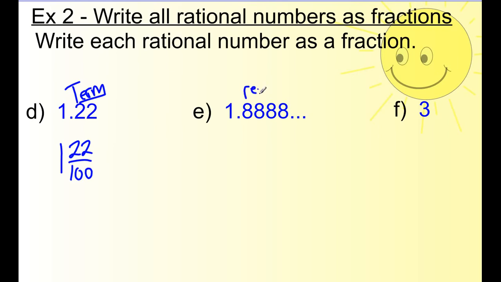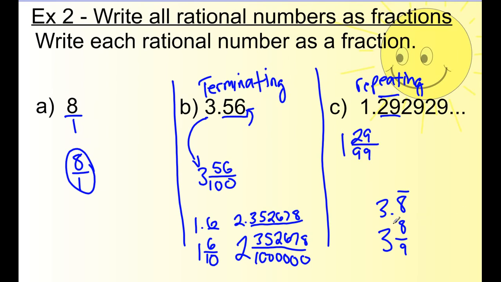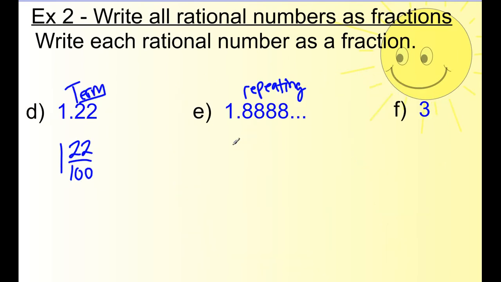This one is repeating. So we're going to put it over 9s. And actually, I should have looked ahead because that's similar to what we did here. So 1.8 becomes 1 and 8 over 9.